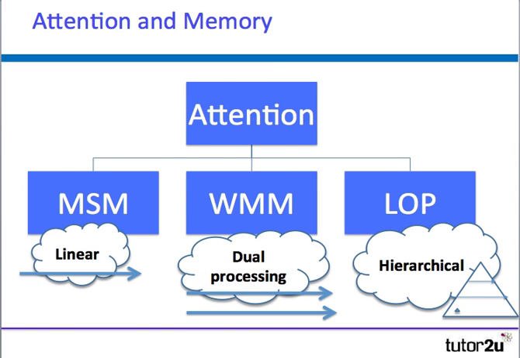If we're looking at attention and memory, we can look at how attention affects the multi-store memory, the working memory model, and the levels of processing theory or model. A model, after all, is just a visual representation of a theory. So the multi-store memory is a linear model, and from sensory memory to short-term memory involves attention.